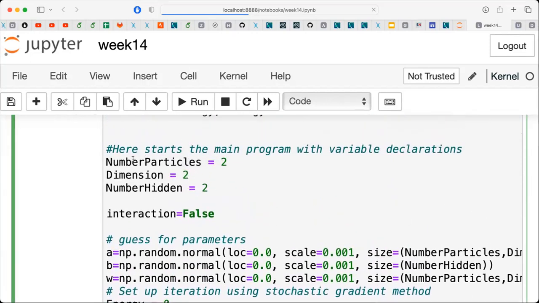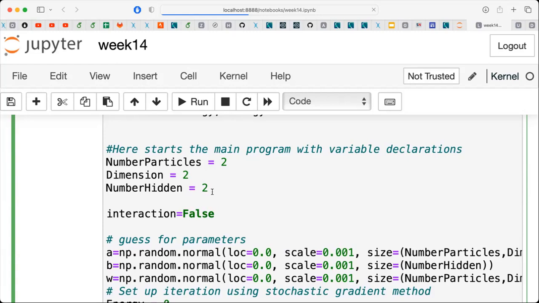So I'm going to have two particles in two dimensions. And that is going to define my number of input nodes. So I'm going to have two particles and a dimensionality of 2. So that gives me 4 input nodes.